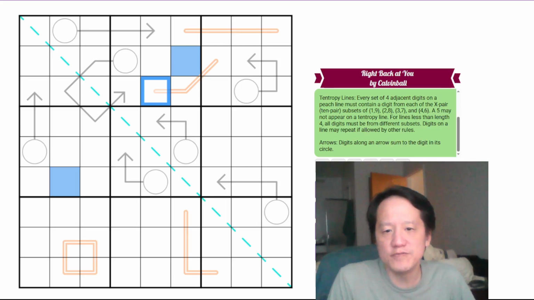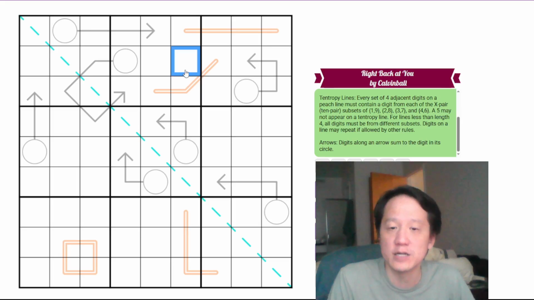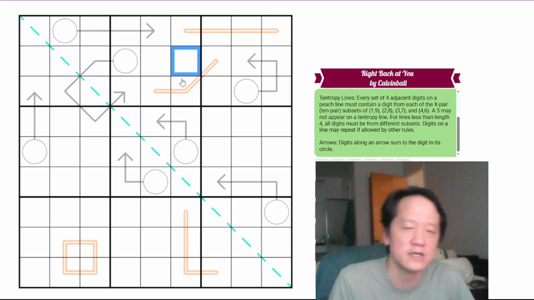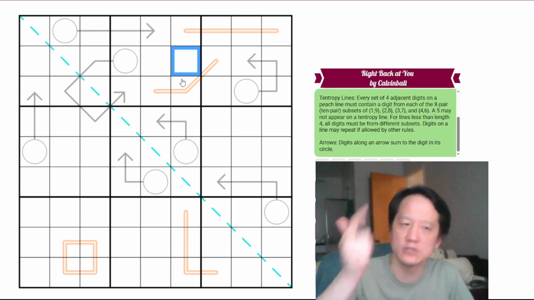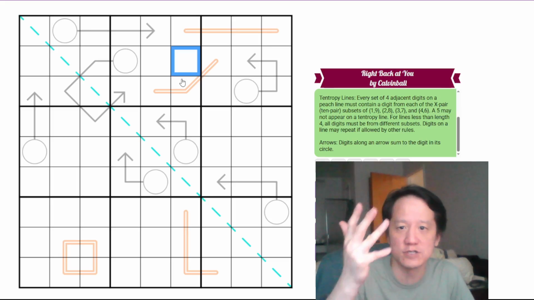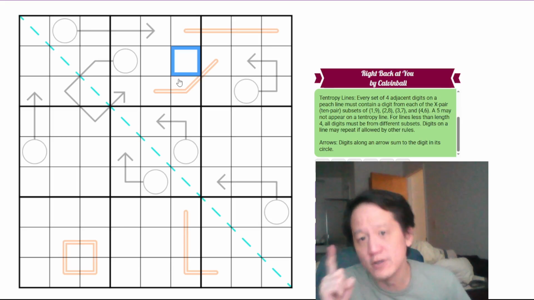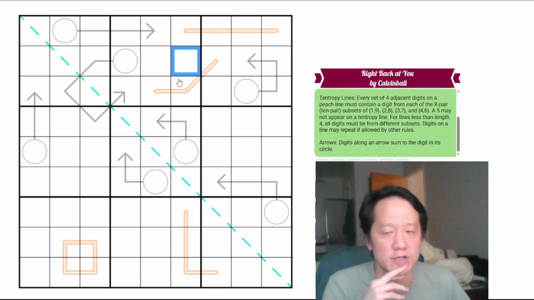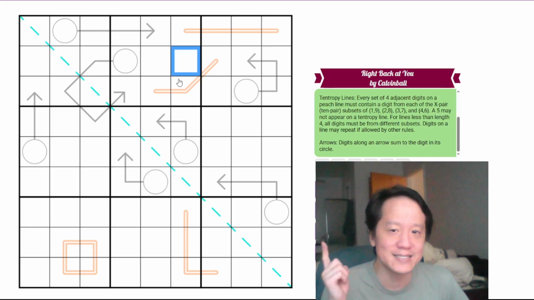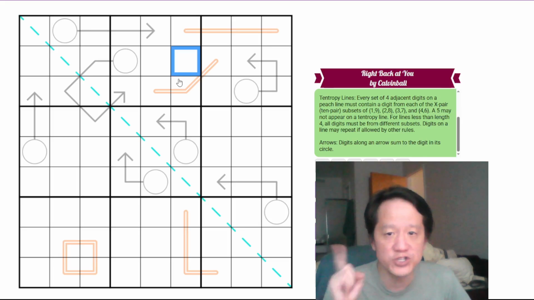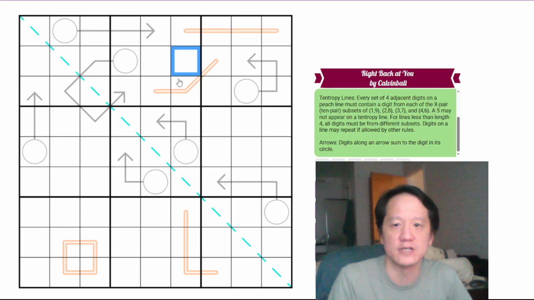We also have tentropy lines, where every set of 4 adjacent digits on a peach line must contain a digit from each of the pair subsets of 1, 9, 2, 8, 3, 7, and 4, 6. A 5 may not appear on a tentropy line. For lines less than length 4, all digits must be from different subsets.